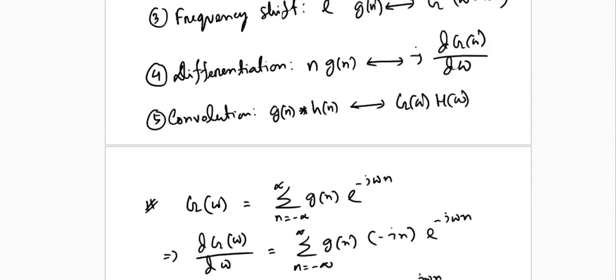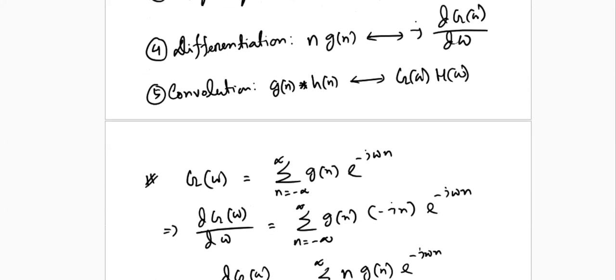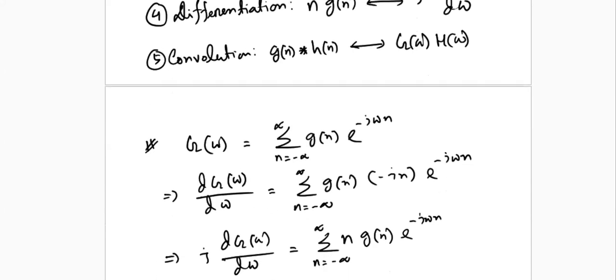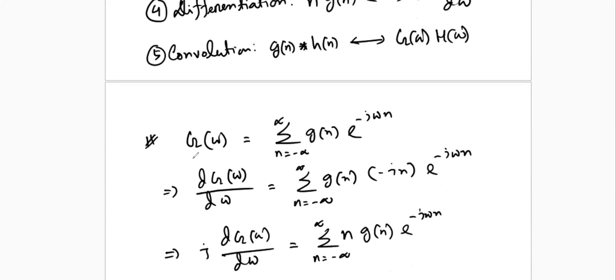Here, I have just proven the concept of the differentiation. Let's start with the basic equation. G(omega) can be written as this by the definition of the Fourier transform. Now, if we do the differentiation on both sides, definitely we can write it like this. There is nothing to explain here.